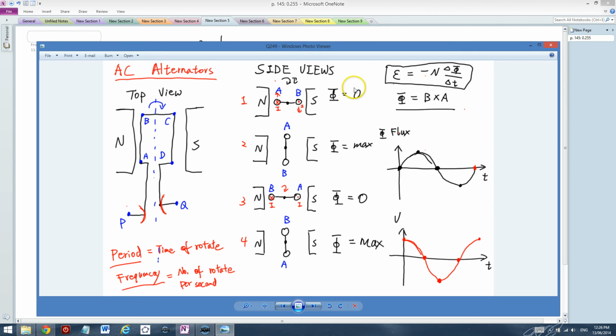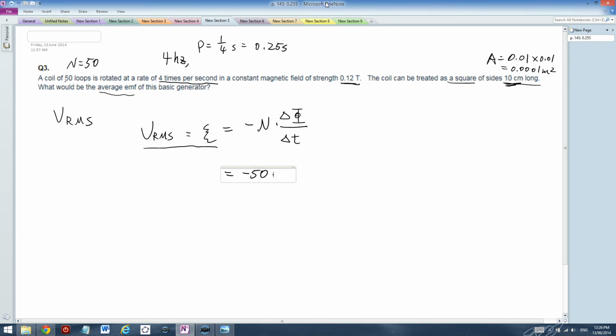The magnetic flux is 0. When the magnetic flux is maximum, it becomes like this. So the change in magnetic flux will be the maximum magnetic flux take away the minimum magnetic flux. In the case of an AC alternator, the minimum will be 0, the maximum will be B times A.